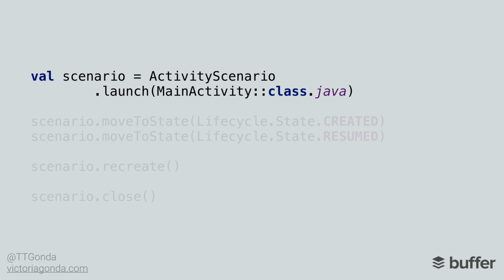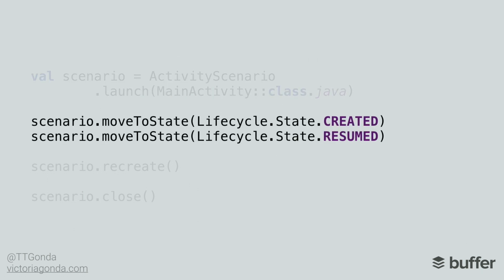And then activity scenario handles much more than just the launching of your activity, but also handles all of the synchronization with the system and provides support for lots of things, such as scenarios around your activity's lifecycle. To get started playing with this, when you launch the activity, you can keep a reference to that scenario.